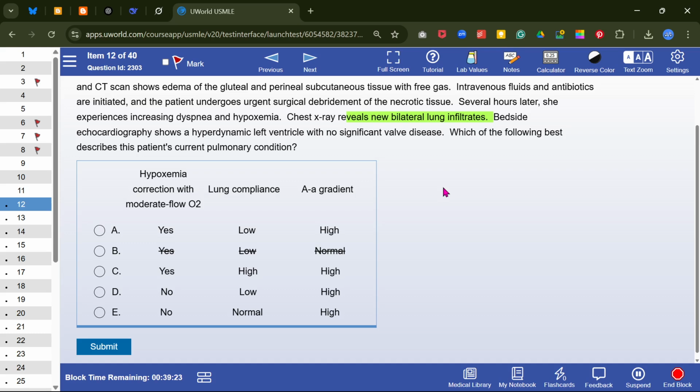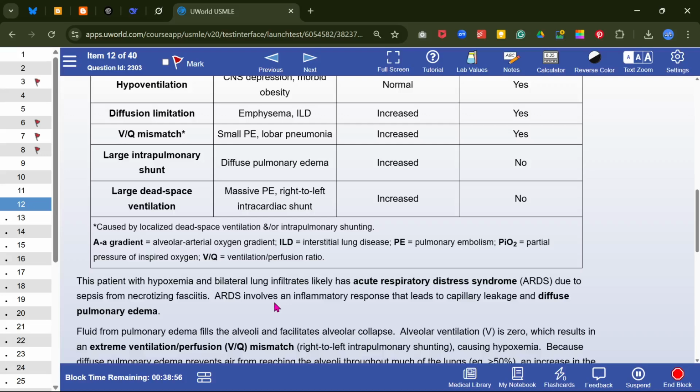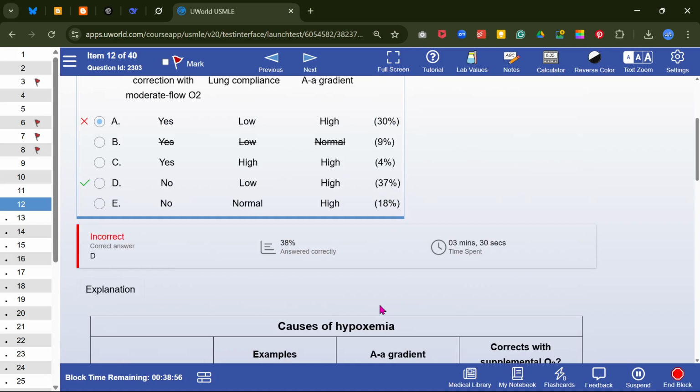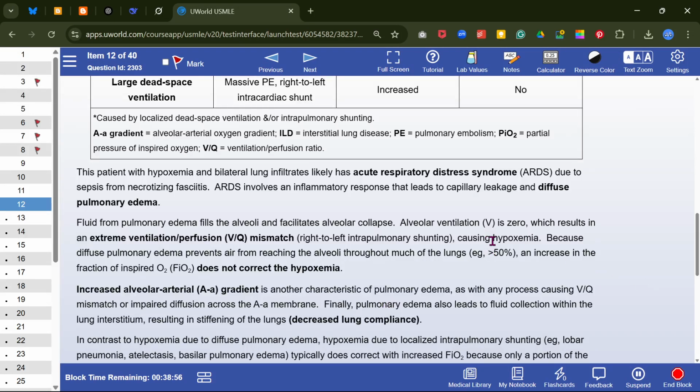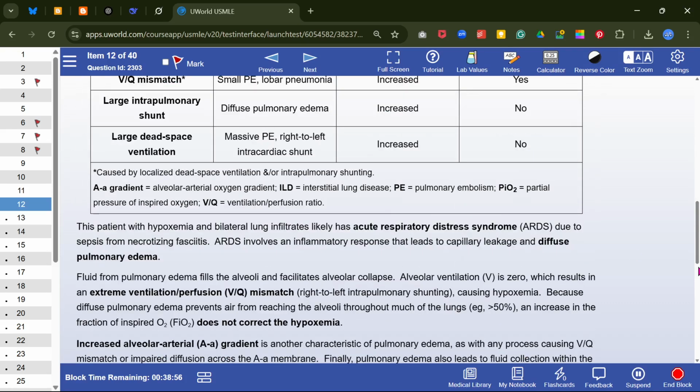Infiltrate can happen. Maybe creatinine is high. It may be ARDS.